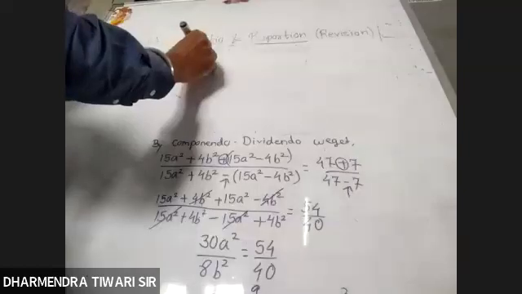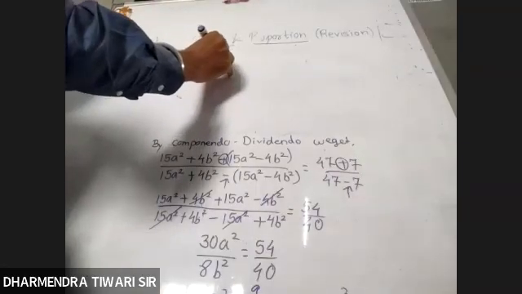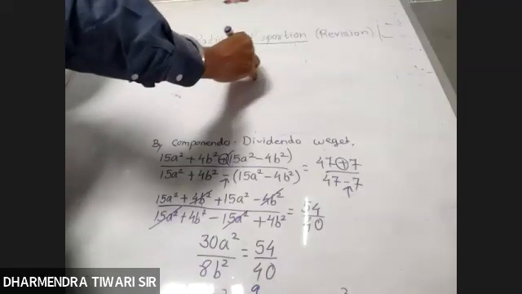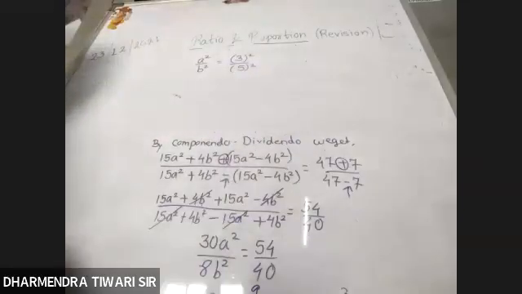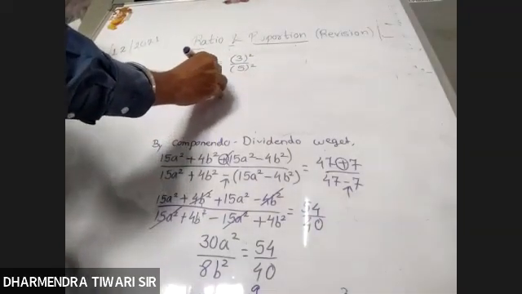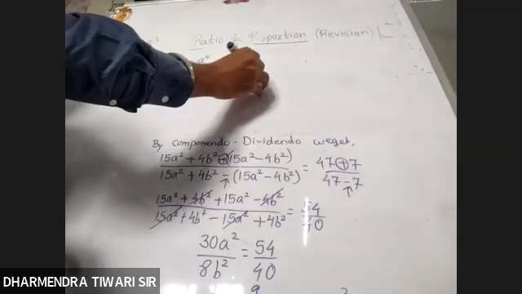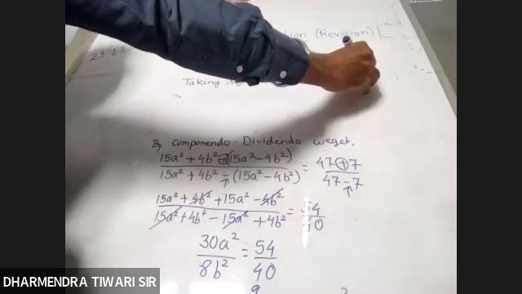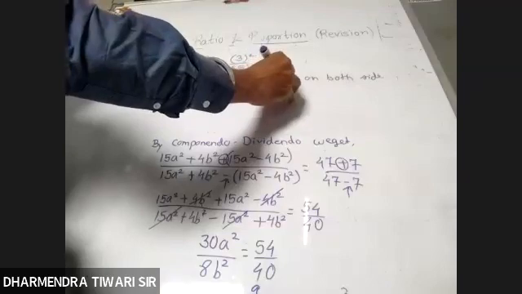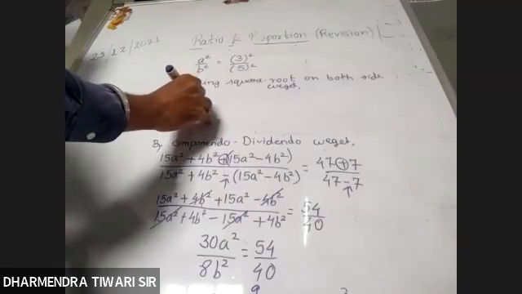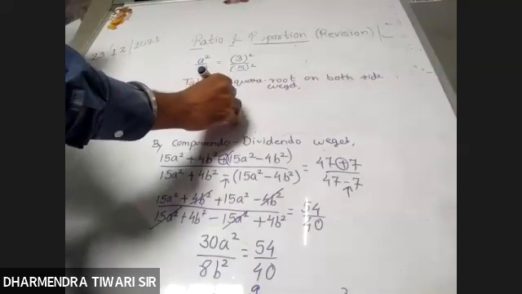So we have a square upon b square is equal to, we can write 9 as 3 square upon 25 as 5 square. So taking square root on both sides, we get a by b is equal to 3 by 5.